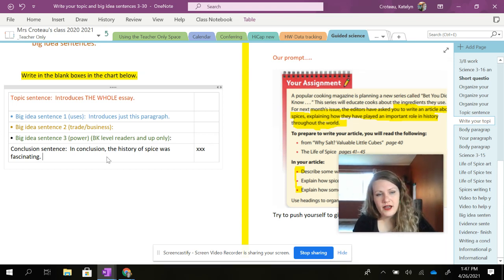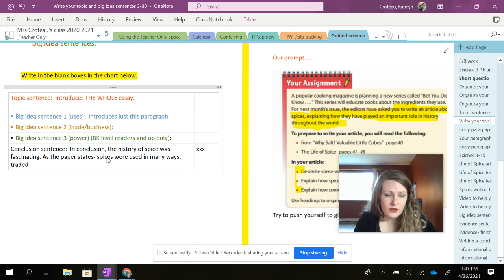You could say, as you saw, or as the paper states, spices were used in many ways.